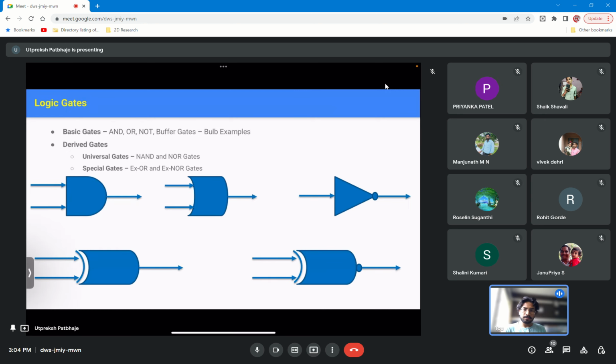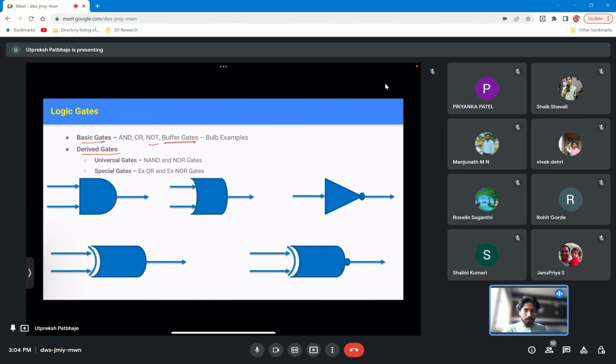As we were discussing in the last session, I think some of you were there in that session, which got disrupted. There are two basic types of logic gates. One can be termed basic gates, and the other derived gates. Basic gates are your AND, OR and NOT functions, and buffer gates are also there, and also the inverter, which is given by NOT.